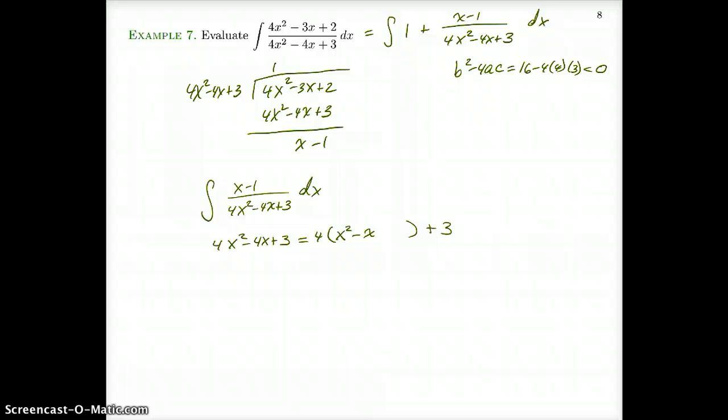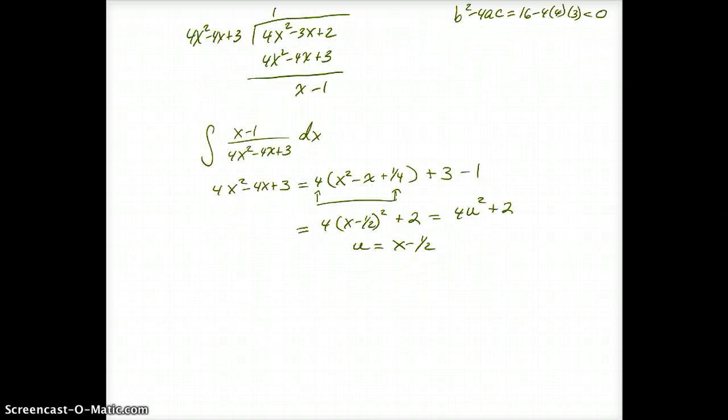We take half of 1 and square it and add it to complete the square, but because that's inside the parentheses, we've really added 1, and so we've got to subtract 1, so we don't change the original expression. So this is 4 times (x minus 1/2) squared plus 2, which is 4u squared plus 2, where u is x minus 1/2.